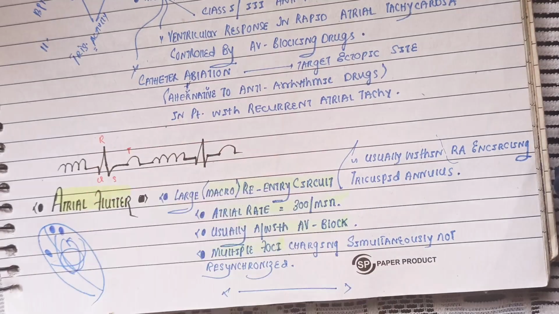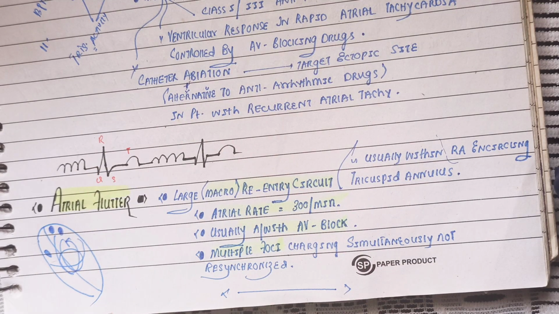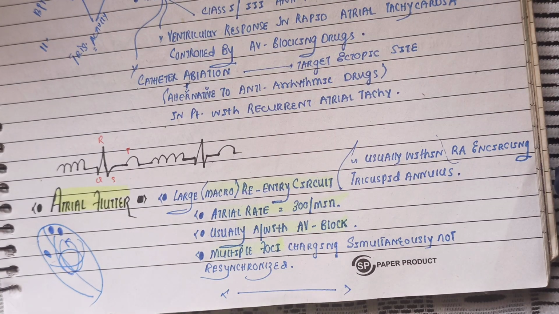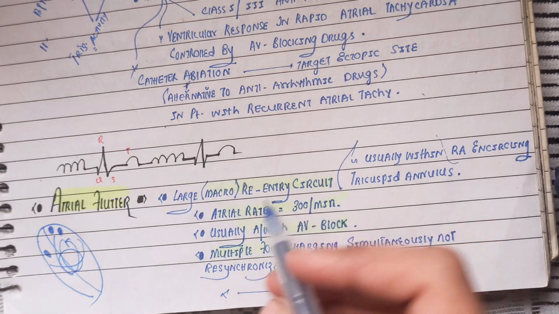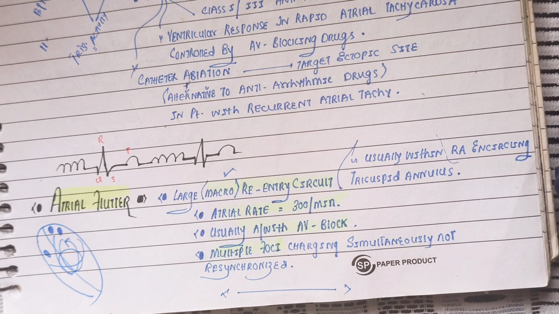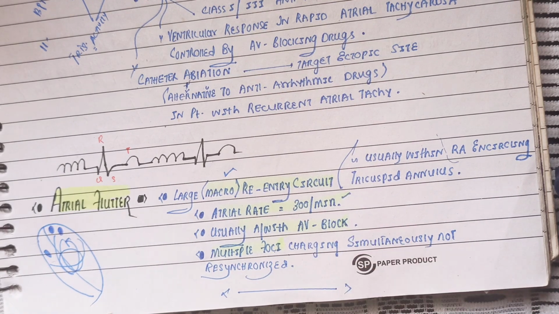And you can see the re-entry circuit too. So all those three components of the triangle are present over there. So if you read over there, there is the presence of macro re-entry circuits, multiple foci, leading to an atrial rate of 300 per minute, right? Isn't it very much interesting to study, beta?